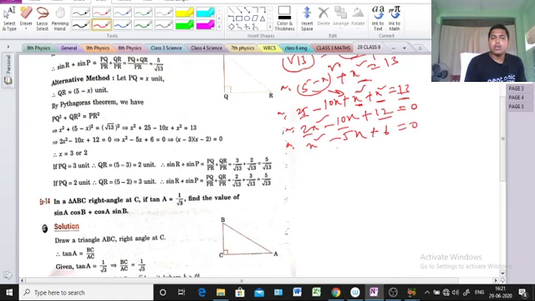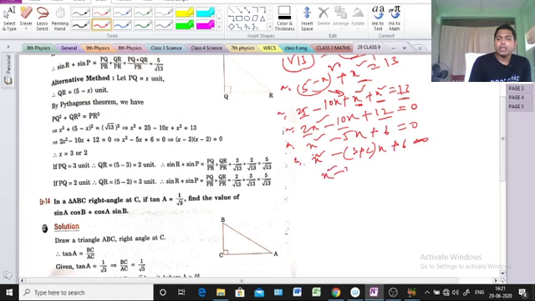Clear or not? Now we know this type of factorization. Here 5 we can write as 3 plus 2, x plus 6 equal to 0. So from here we will find out the value of x. That means x square minus 3x minus 2x plus 6 equal to 0. So x common, x minus 3, minus 2 common, x minus 3 equal to 0.